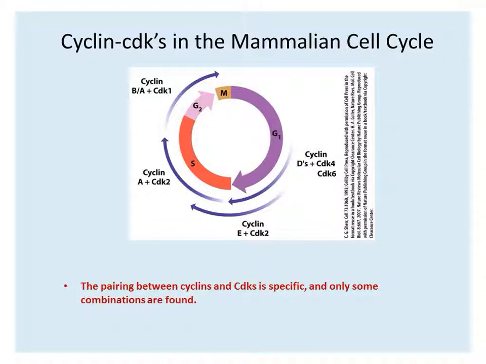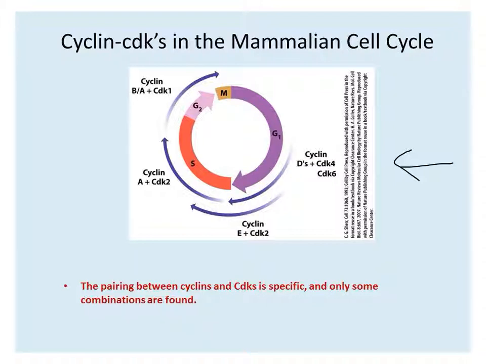Since the discovery of CDC2 in yeast cells, the search for different CDKs has also been pursued in different mammalian cell lines. This diagram shows you what has been discovered in reference to CDKs and specific cyclins in mammals.